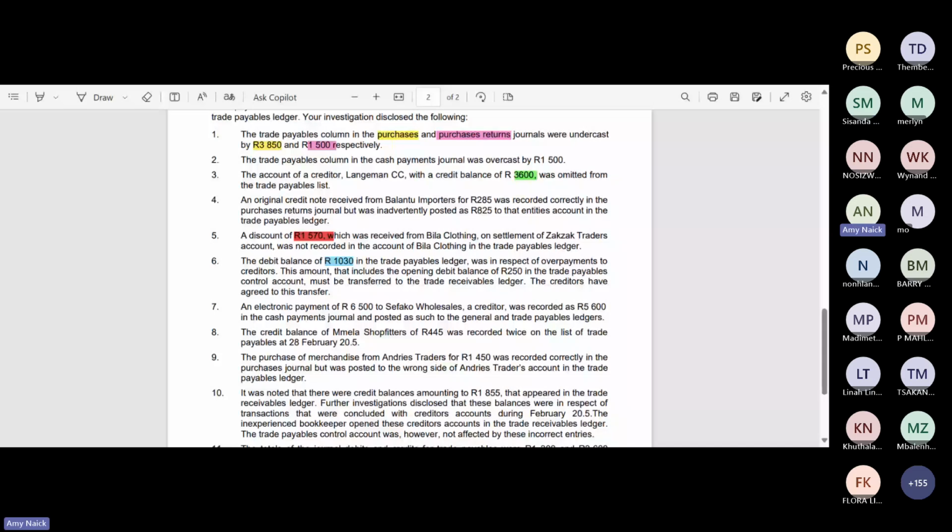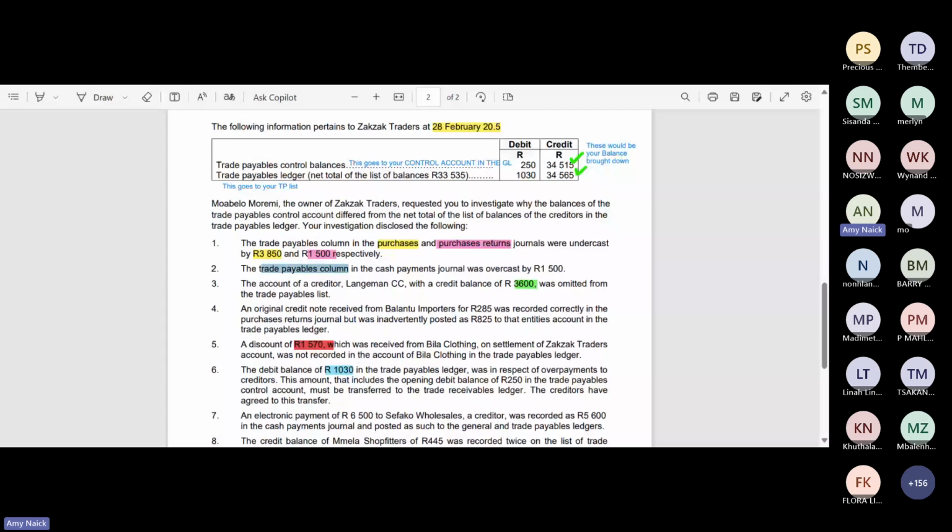Okay, so that was the first transaction. The second transaction says that the trade payables column in the cash payments journal was overcast by 1,500. You'll see here that there's no reference to the listing or the trade payables ledger. They're talking specifically about the trade payables column, which links to the control account.